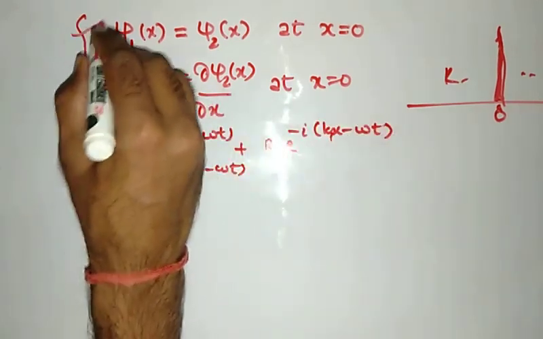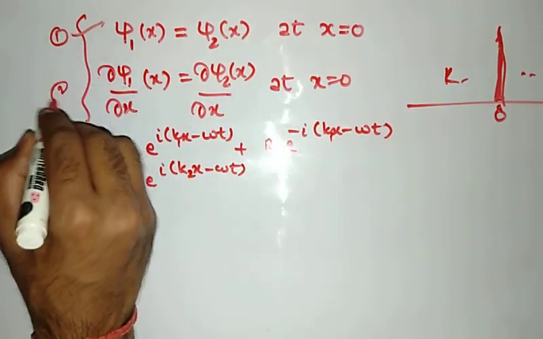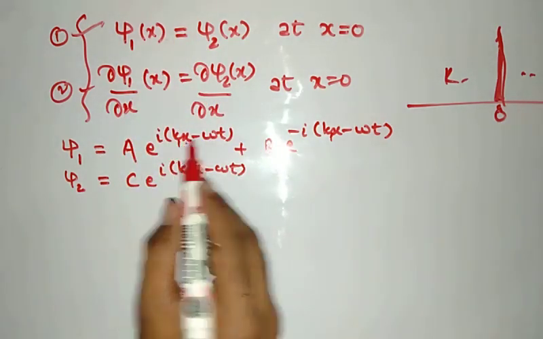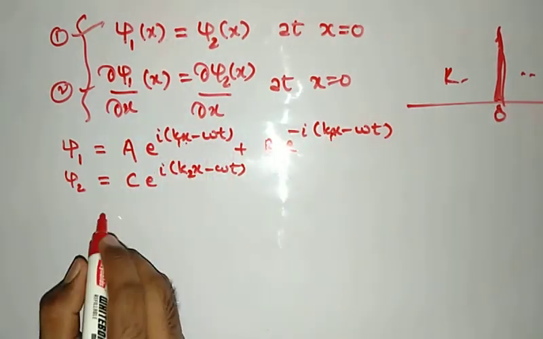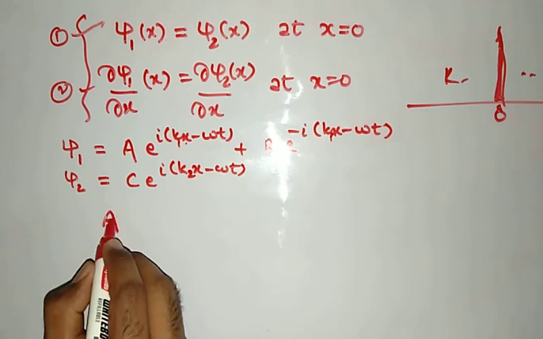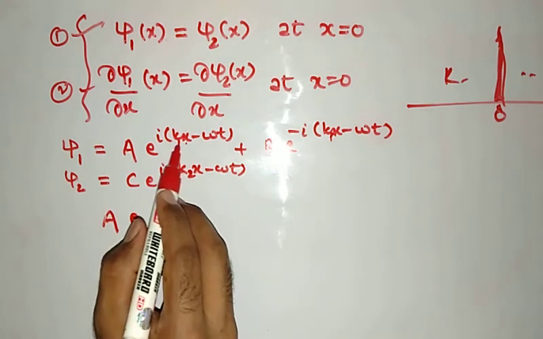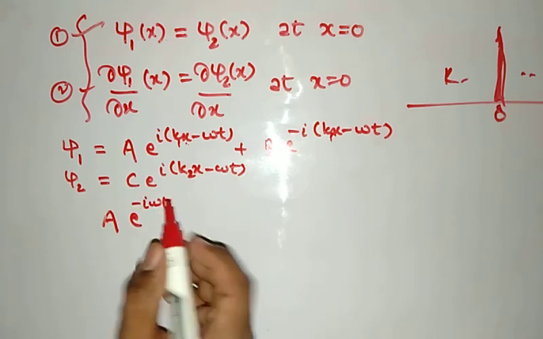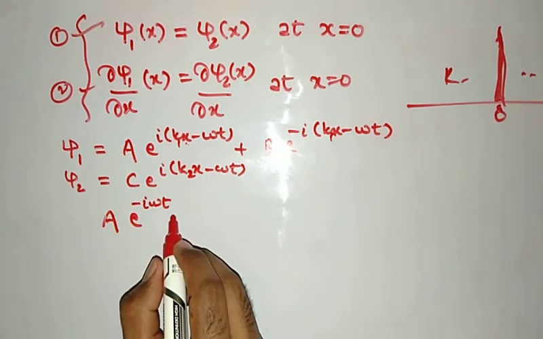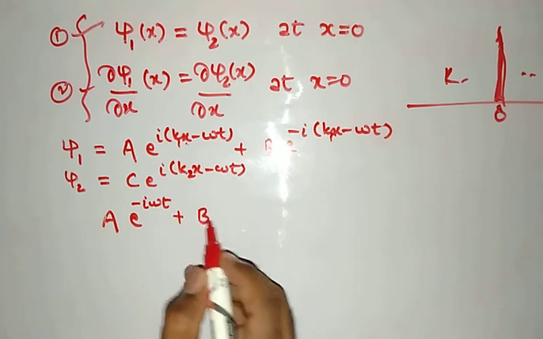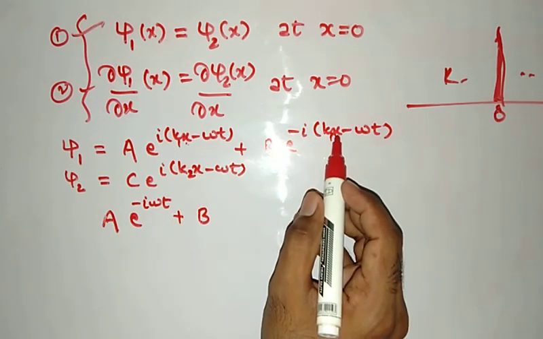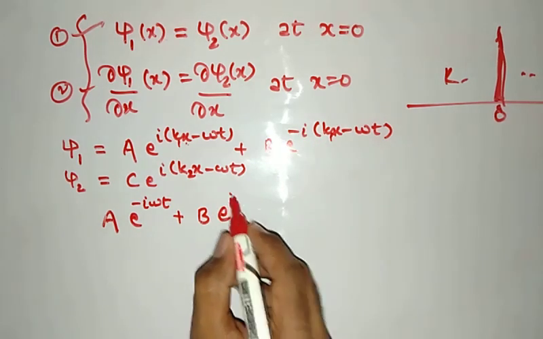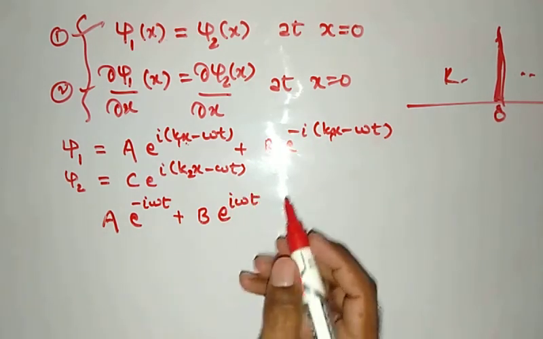So we will use the first one, and after that we will use the second. Applying this, x is equal to 0, it means that we will have A e to the power, if this is 0, only minus i omega t will remain, plus B here, again here will be 0, so plus e to the power i omega t.